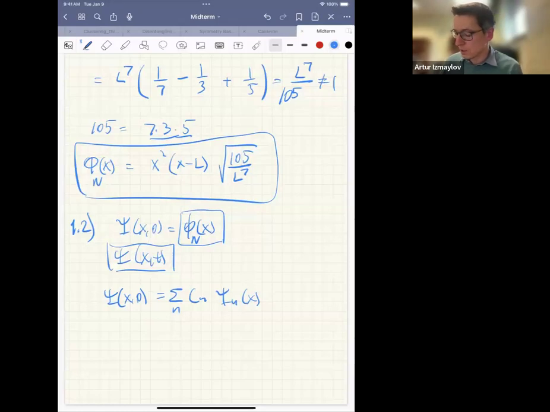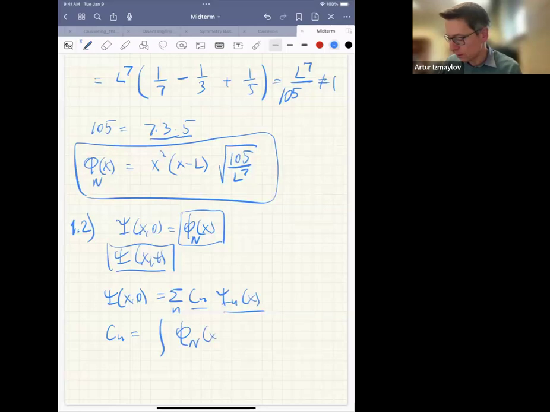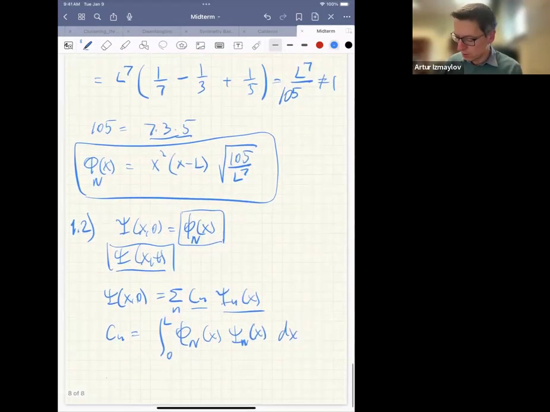Once we produce this decomposition, where the c_n are integrals of phi of x with psi_n of x, dx from 0 to L, we can simply write psi of x, t as that decomposition.